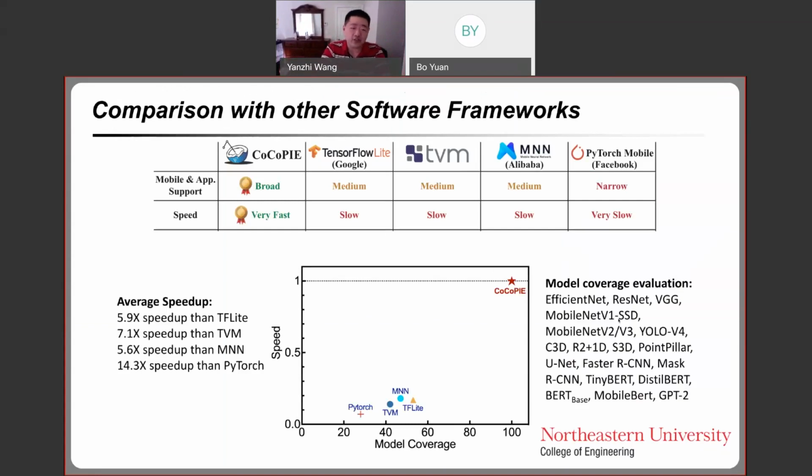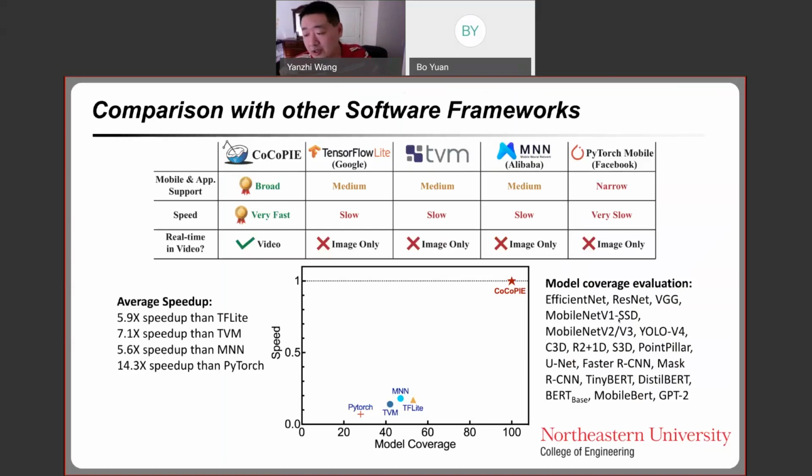So our speed is very fast, while all of these are either slow or very slow. As we saw previously, we can achieve real-time in most cases, and if you multiply by 5 or 14 times, their frameworks cannot be real-time. So they can only deal with images, but we can deal with videos.